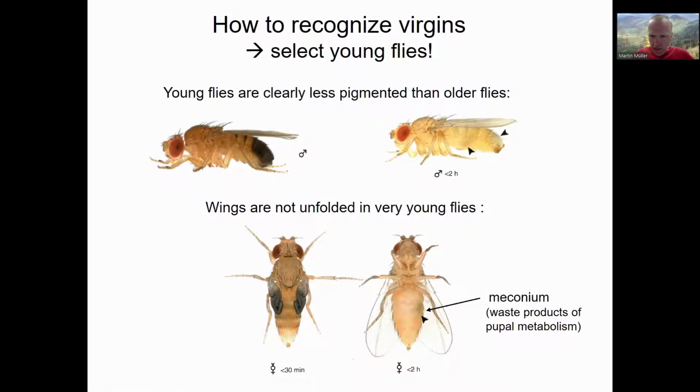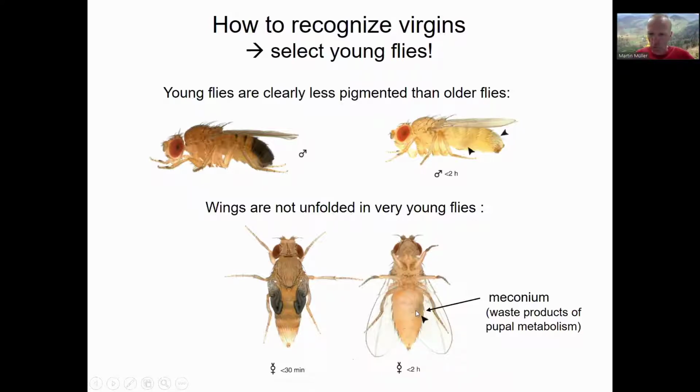Another sign which can help you, let's say the fly is already 3 hours old, there is another phenotype which helps you to decide. So here, this dark spot that you see here is the meconium, which is basically the first time the fly poos, it will get rid of the waste products accumulated during the pupal stage.